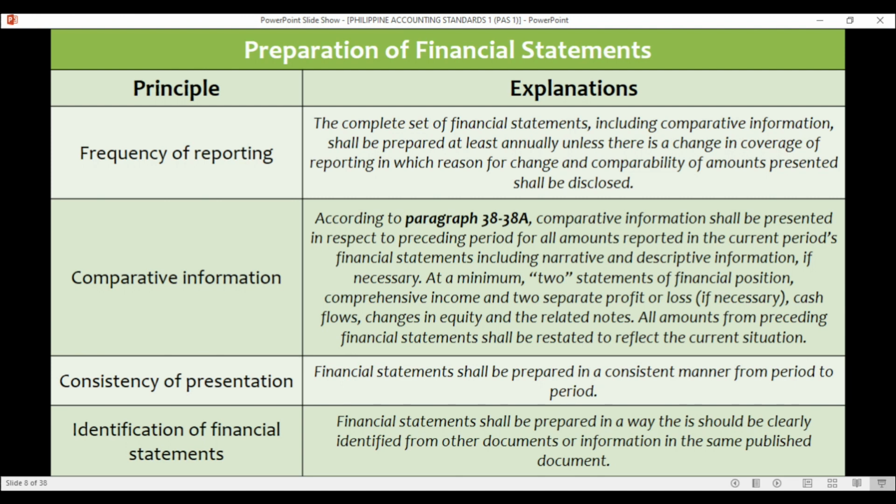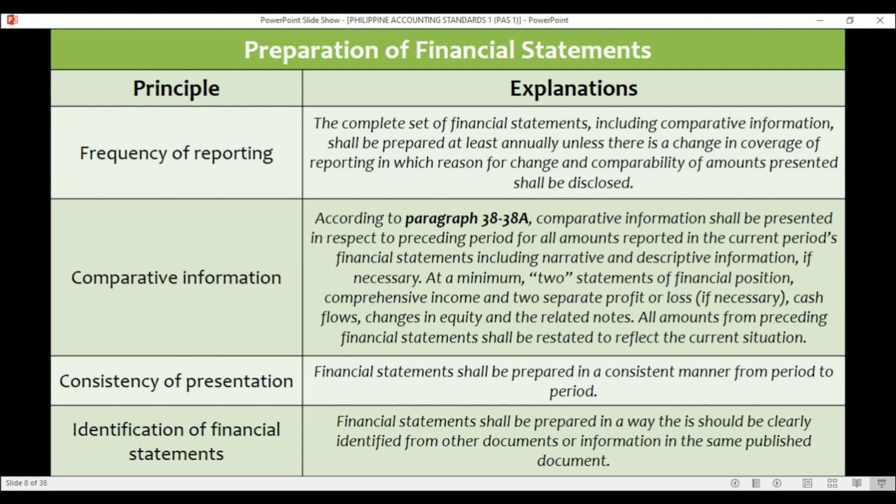Consistency of presentation. Financial statements shall be prepared in a consistent manner from period to period. Meaning, all the accounting policies should be applied consistently in preparing financial statements. No matter what changes happened in the application of accounting policies, it should be applied consistently.